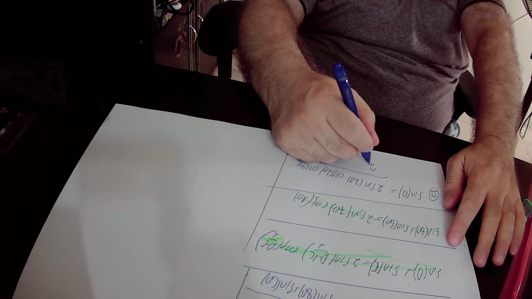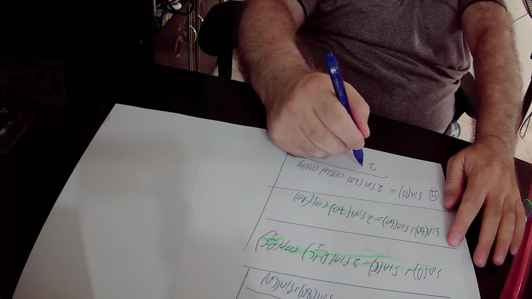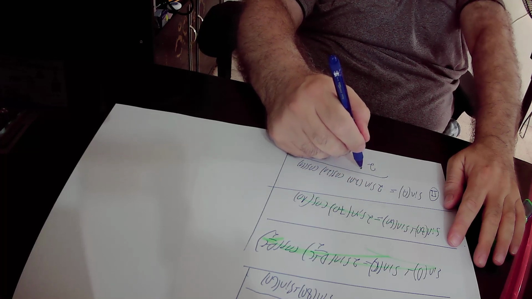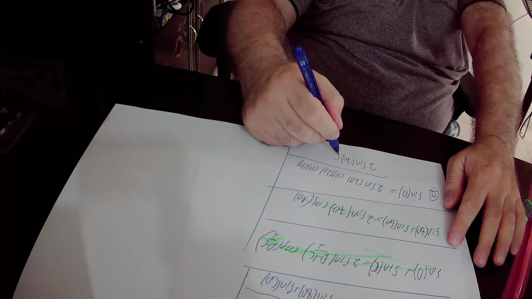Okay? So we substitute sine 80 degrees plus sine 60 degrees by 2 times sine 70 degrees times cosine 10 degrees.